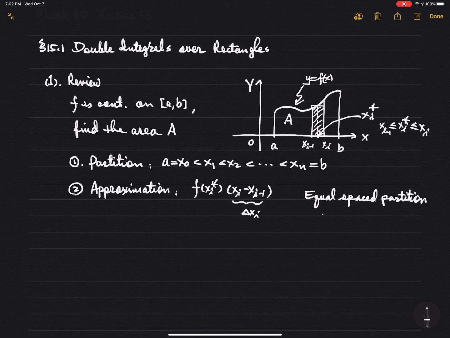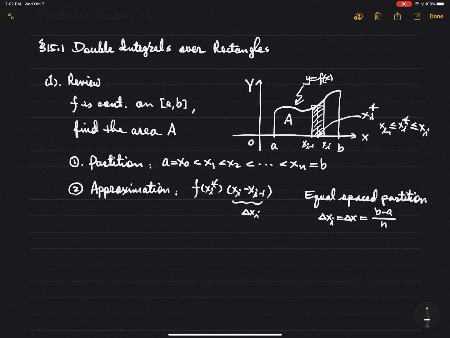Then this increment delta x_i we just call delta x, because it's independent of i. It's always equal to (b minus a) over n. That's the length of a subinterval. Because we do an equally spaced partition, that's the simplest partition. Theoretically, we can do any kind of partition.